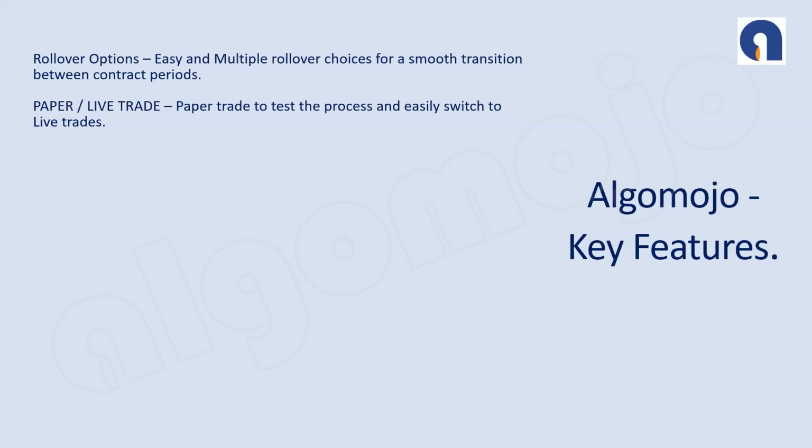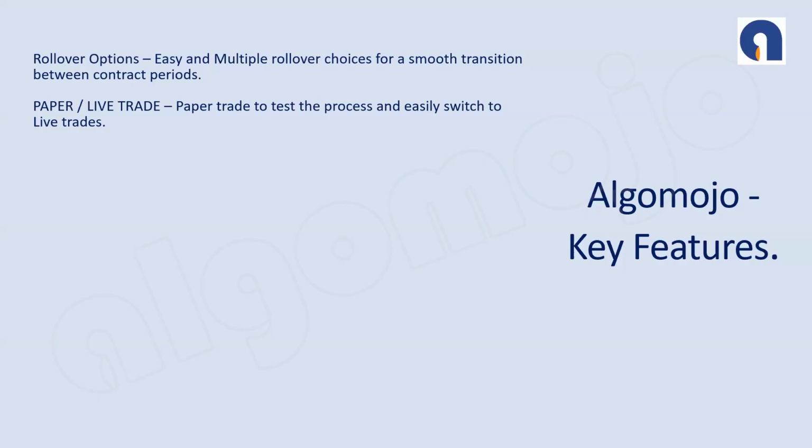Now, what we also highlight to the users is that paper trade is more for checking the process of order placement between your signal generation and order placement, whether the orders are getting executed as per the signals, whether the options are getting executed as per your signals, whether, if the quantity is more, the orders are getting split and then placed as per your requirement.